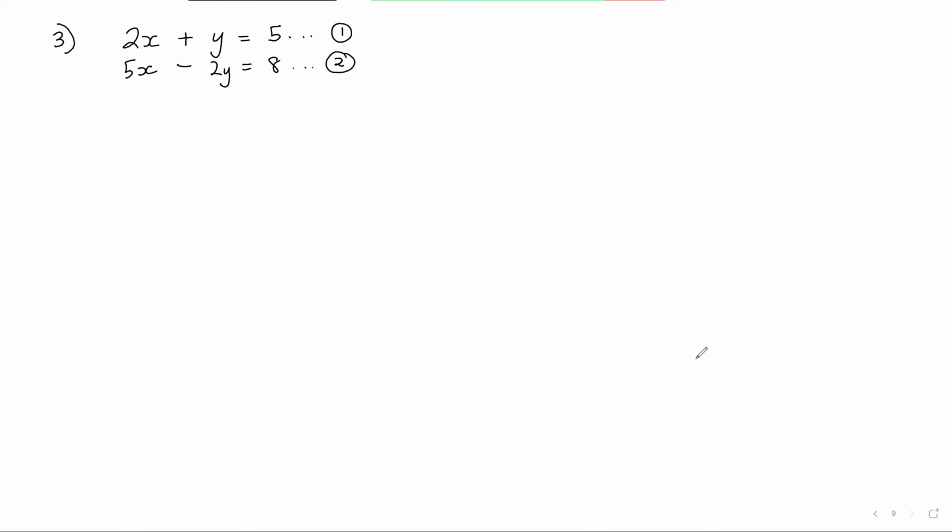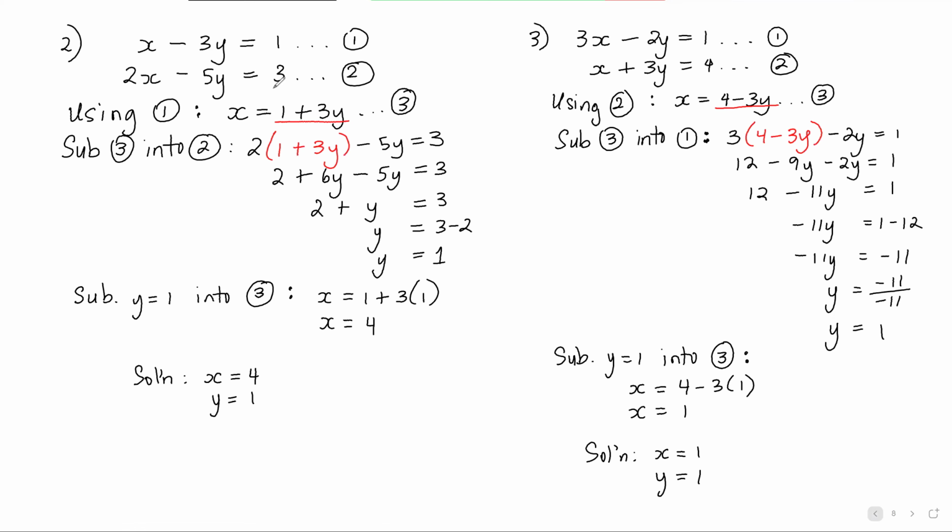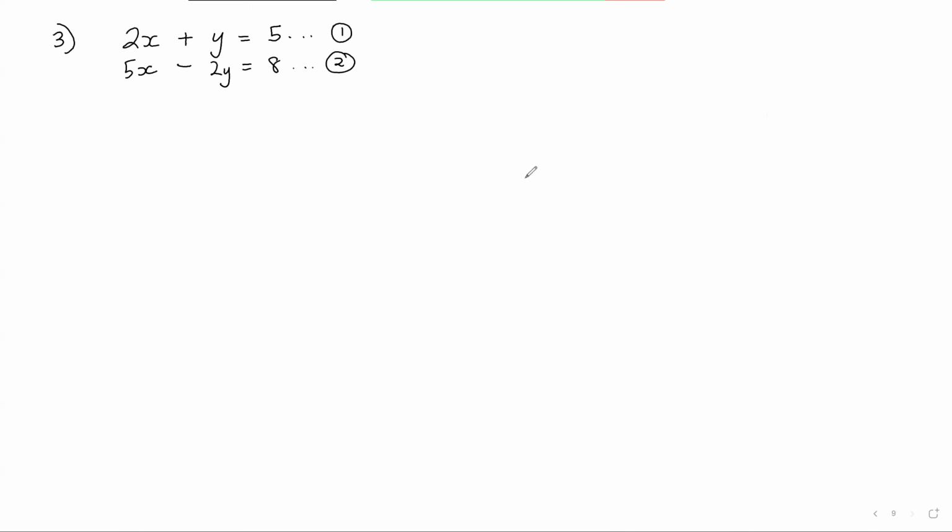Now, in the previous examples, we had x being the one with the coefficient as 1, and we just rearranged that equation to make x the subject. In these two equations, however, y is the variable that has the coefficient of 1. So I'm going to have to rearrange equation 1 to make y the subject.